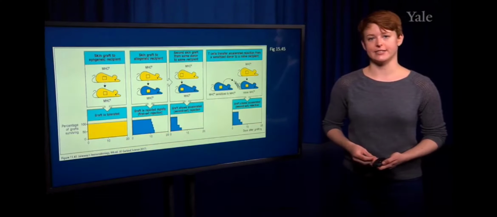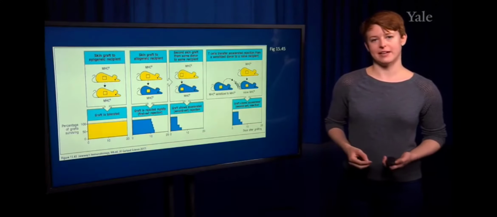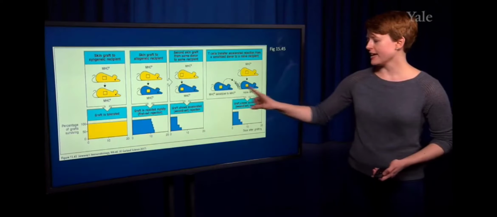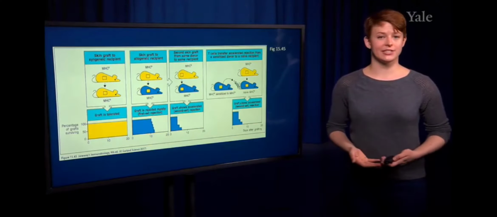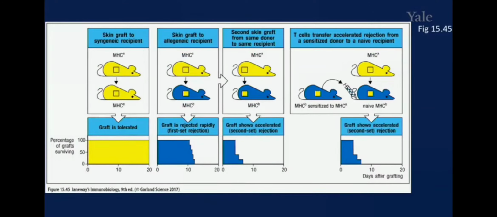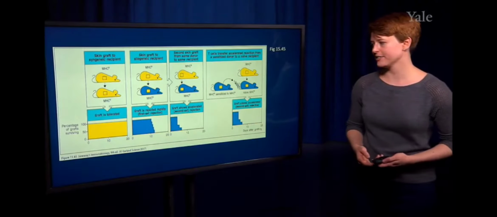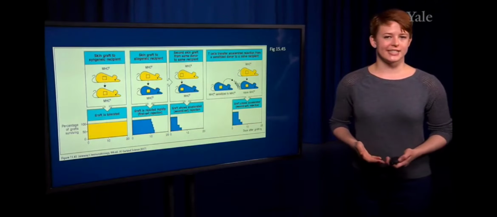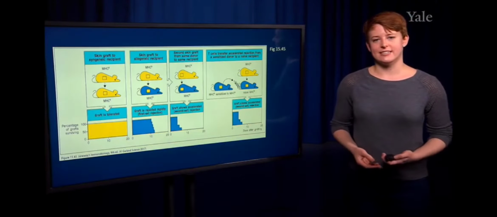So if we take T cells from that blue mouse with the yellow skin graft and transfer it to a naive blue mouse that's never seen the yellow skin, then this can actually lead to the rapid rejection that we see in the mouse that's already been sensitized to this skin graft. So this transfer of T cells helps us to know that it seems like T cells are mediating this graft rejection.